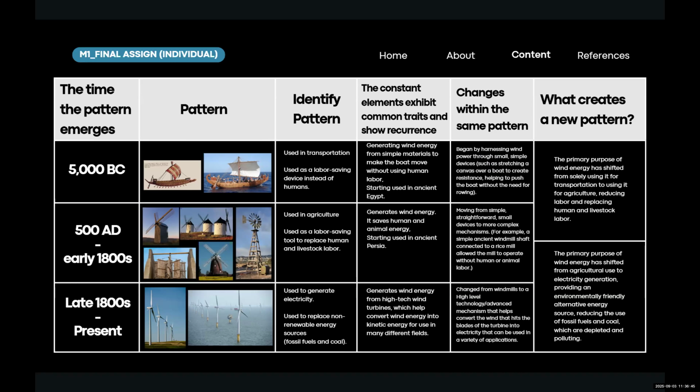The primary purpose of wind energy has shifted from solely using it for transportation to using it for agriculture, and from 500 AD to late 1800, the primary purpose of wind energy has shifted from agriculture to generating electricity, providing an environmentally friendly alternative energy source, reducing the use of non-renewable energy source.